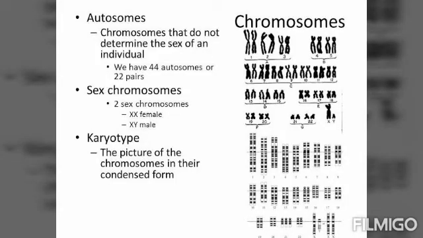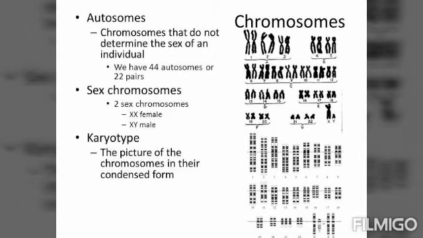Let's study autosomes and the sex chromosomes. Chromosomes are of two types. Autosomes are chromosomes that do not determine the sex of an individual, like complexion, hair color, height and eye color. We inherit these from our parents, but these are autosomes.